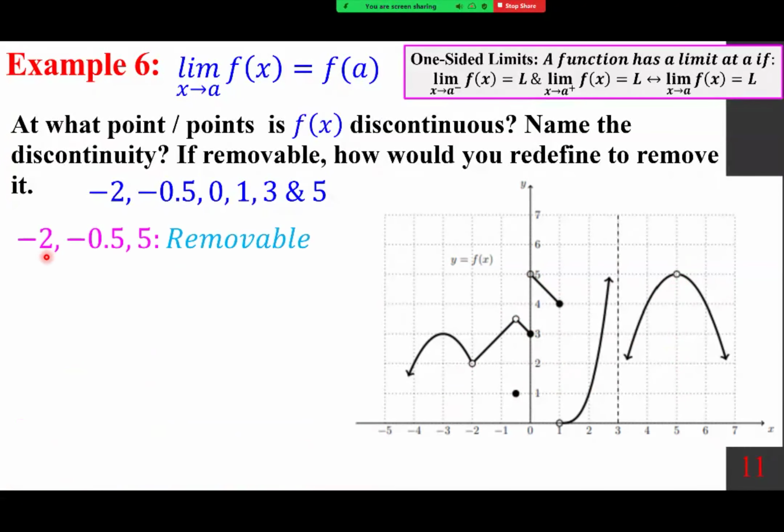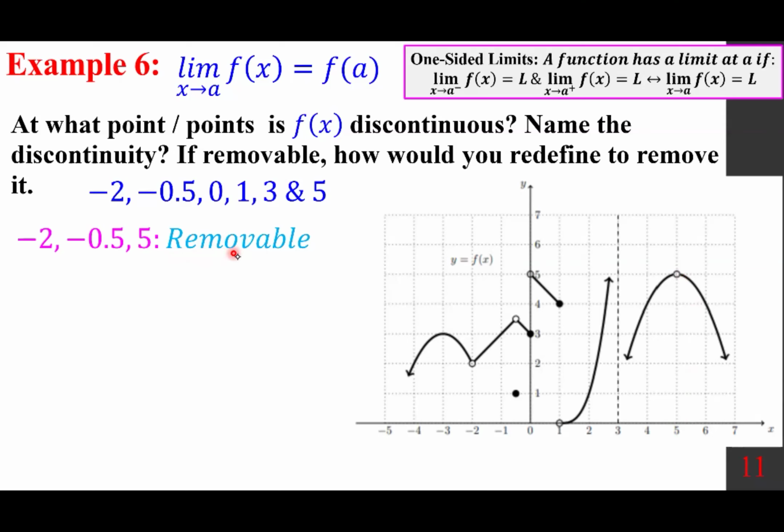So -2, this one, -0.5, this one, and 5, this one, removable. We can fix them by redefining it. But let's look at the rest of them, and then we come back to do the redefining.